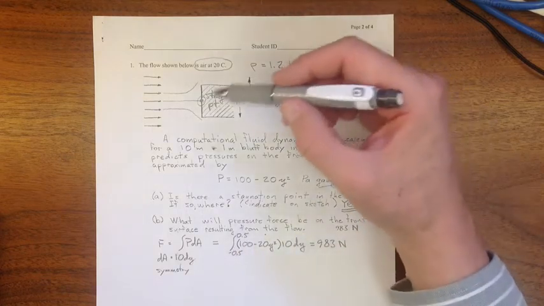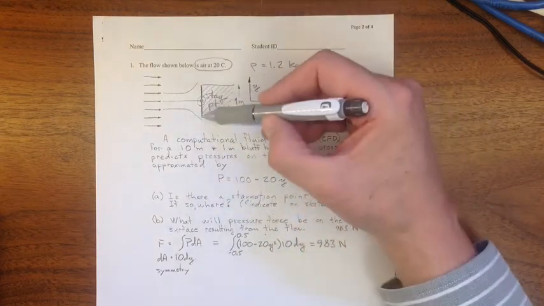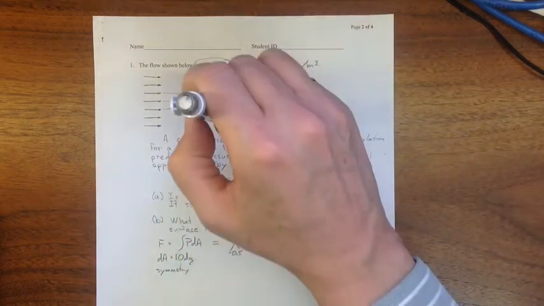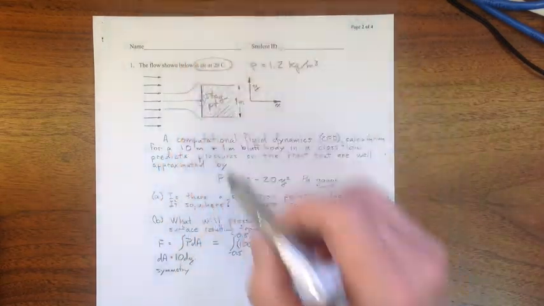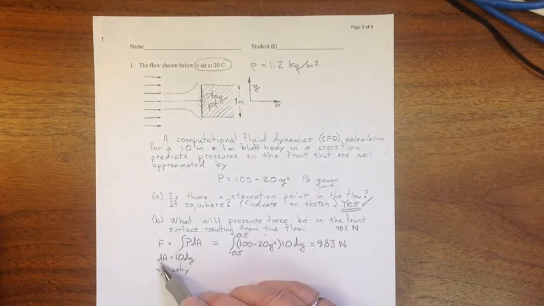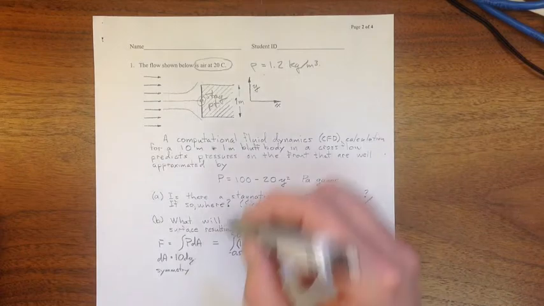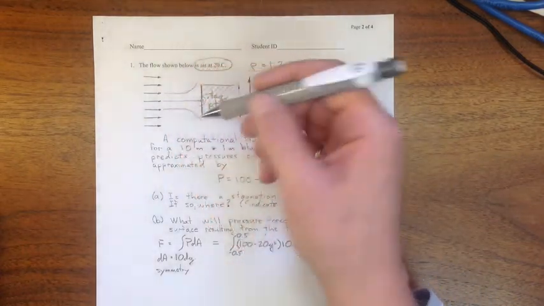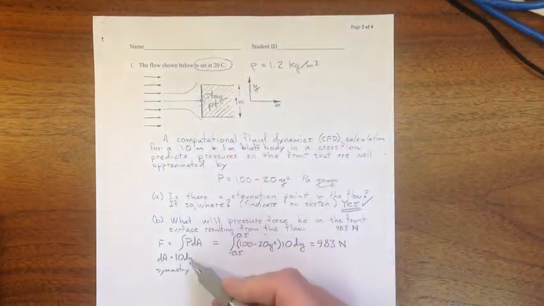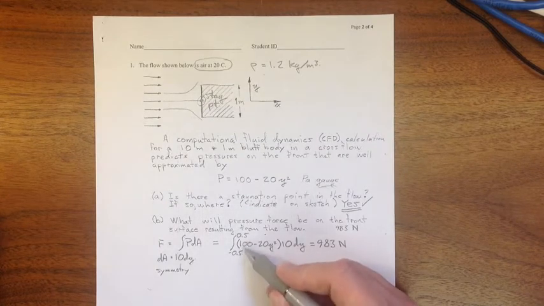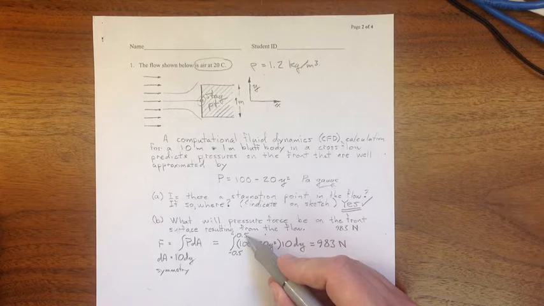And in this case, the area will go from the bottom up to the top and from the front to the back in the depth of the page. So the incremental area as we move over our domain of integration will be 10, the width, times dy. Now we've got symmetry, so we could do this integration just from 0 to 0.5 and multiply by 2.